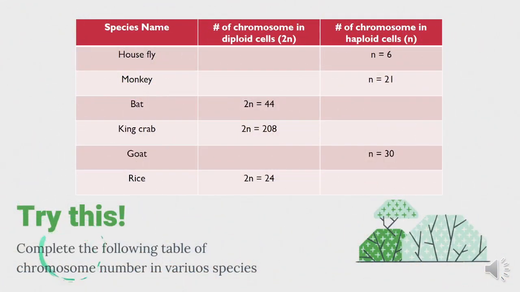I have here a table with a column for the species name, a column for the number of chromosomes in diploid cells, which is 2n, and a column for chromosomes in haploid cells, which is n. Complete the following table of chromosome number in various species.